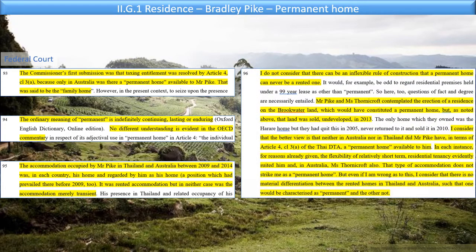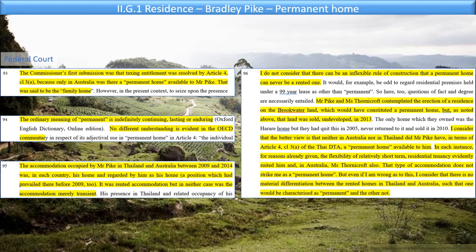And then the judge goes on to say, I do not consider that there be an inflexible rule of construction that a permanent home can never be a rented one. And it's an interesting comment. I think it says something about the percentage of home ownership in Australia, because living in Europe, I think a lot of people live in rented homes and see that as permanent, right?